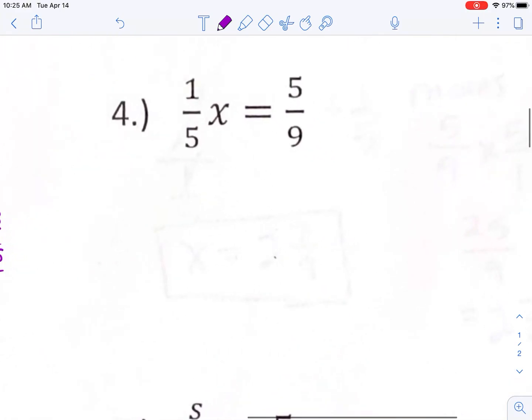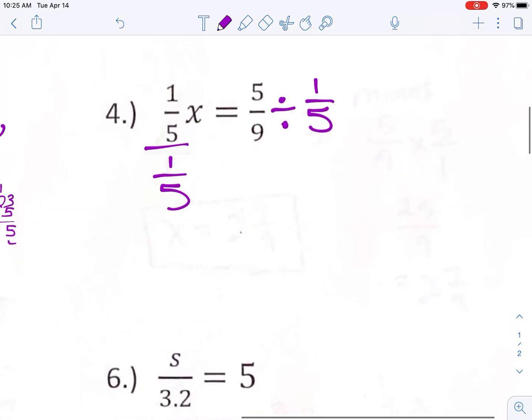Okay. All right, let's talk about number 4. We've got a fraction. This says 1/5 times something is 5/9. Don't let the fractions scare you. Same thing, it says 1/5 times x. So the inverse of multiplying by 1/5 is dividing by 1/5. I'm going to write it differently on this side. I'm going to write divide by 1/5.